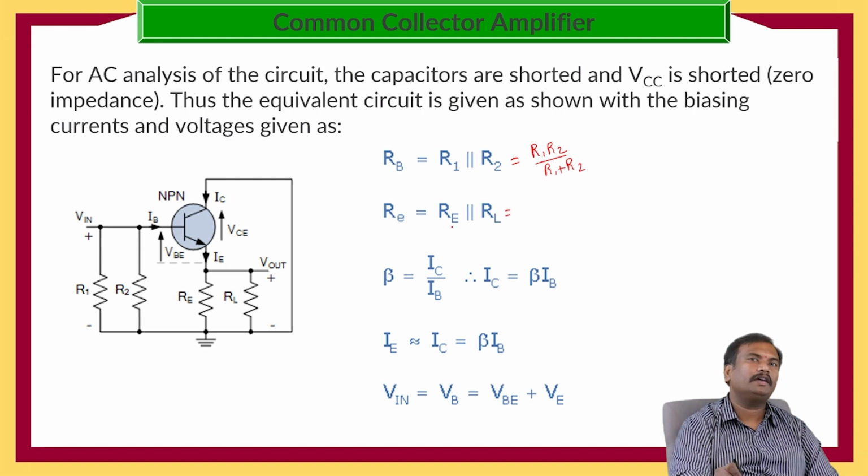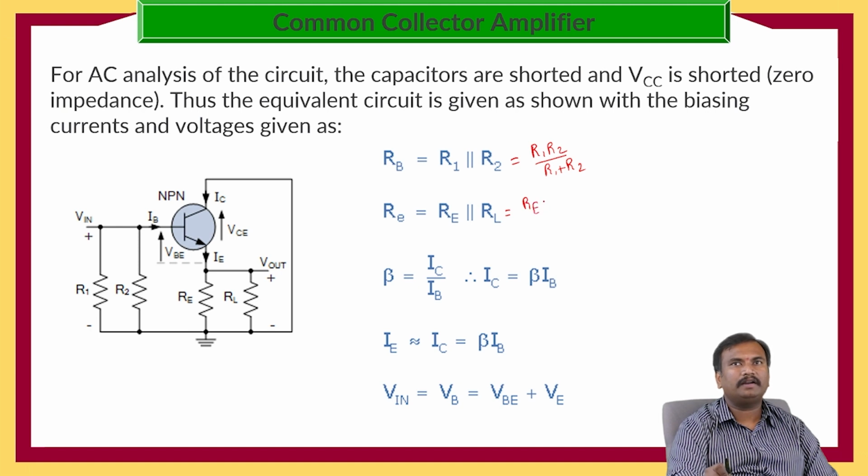The effective resistance across the output terminals is also RL and RE connected in parallel. So when they are connected in parallel, the equivalent resistance will be equal to RE into RL by RE plus RL.